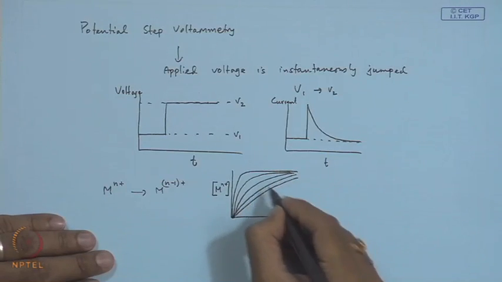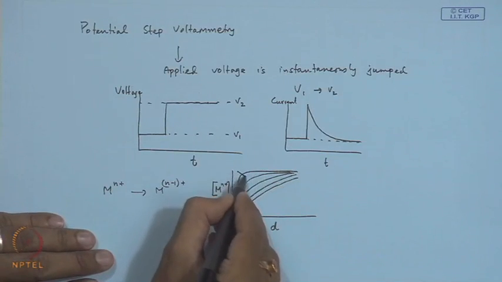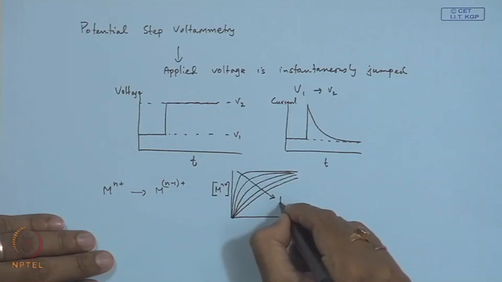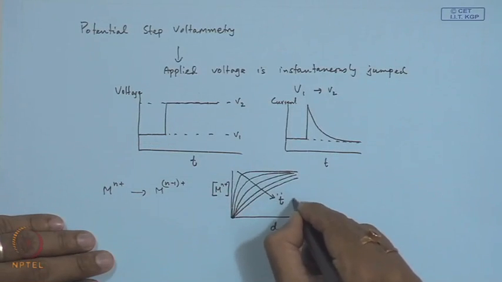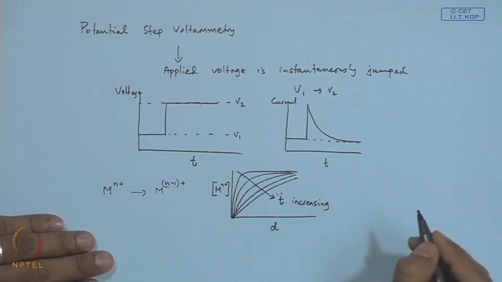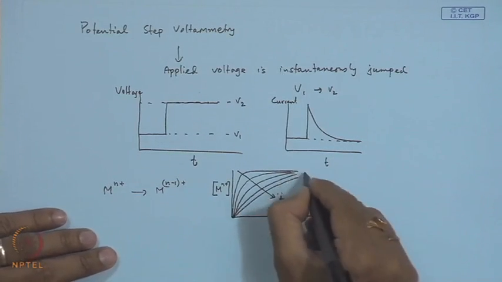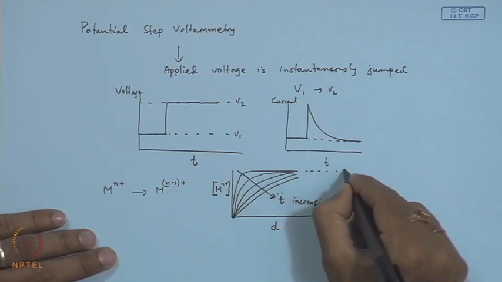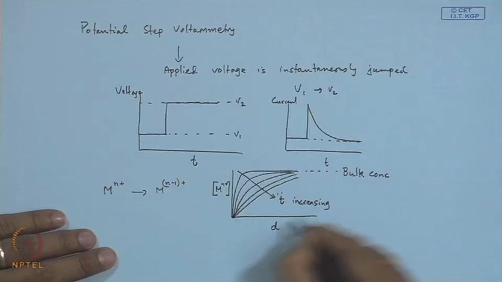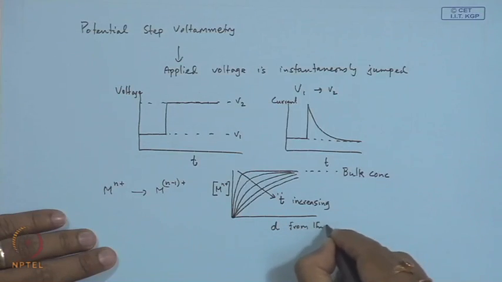Okay. So, this is at different times, t increasing, t increasing, t increasing, and this is your bulk concentration, and this is a distance d from the electrode.